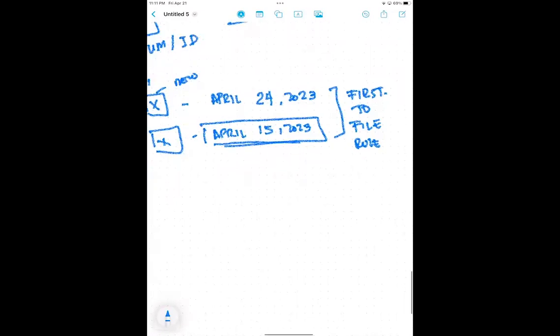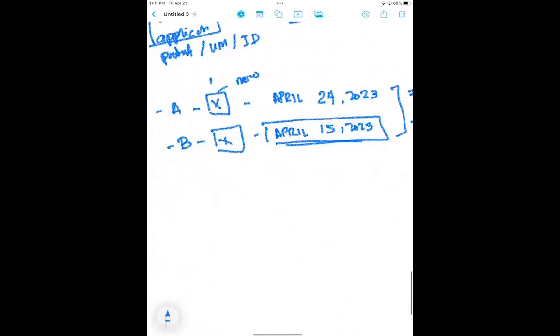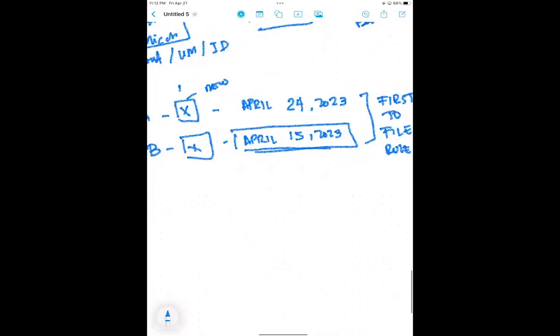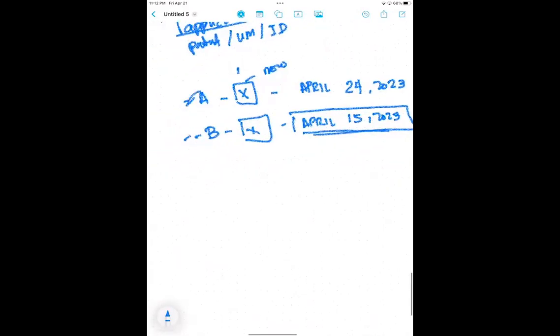So if the question is, let's say, for example, it was shown in the facts that it was actually A who first invented X. Nagkataon lang that B was able to file his application earlier, assuming that there is no bad faith, that the invention was made independently from one another. In other words, A was able to come up with X on his own. B was able to come up with X on his own.